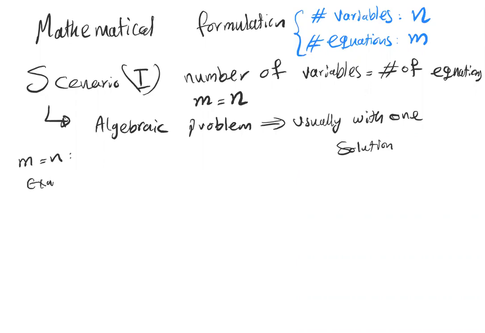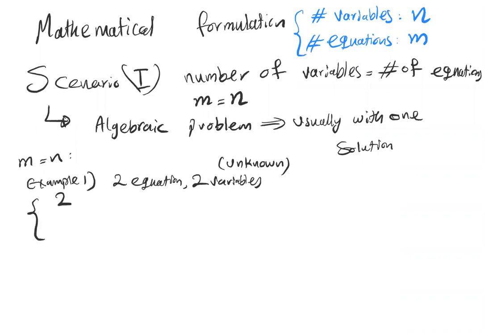Example 1. In the first example, we have two equations and two variables. When we talk about variables, we are talking about unknown variables.